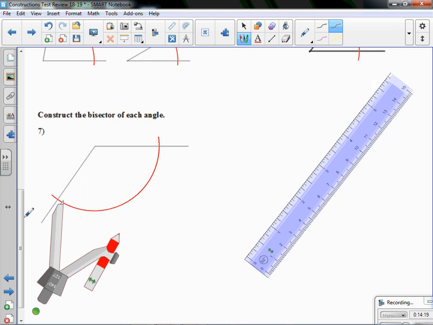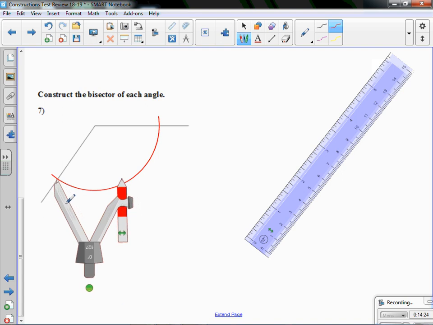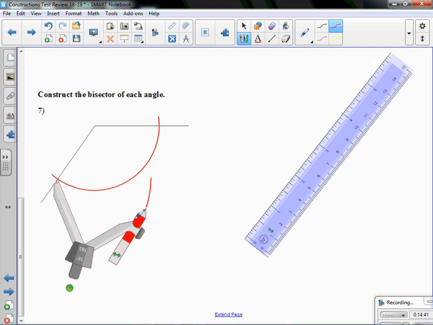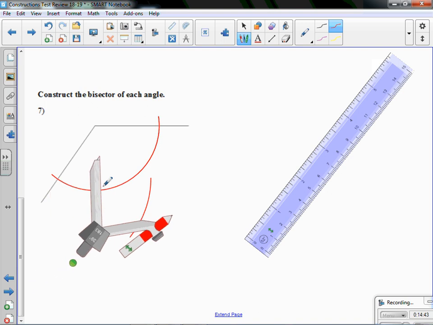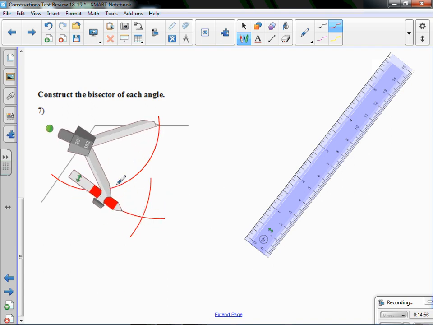Then we're going to take our compass point, go to the intersection over here on the left. Make sure our compass is open past the halfway point between the two sides. Make an arc out here in the middle. I'll bring my compass point over to the other intersection. And make an arc that intersects the first one, like so.